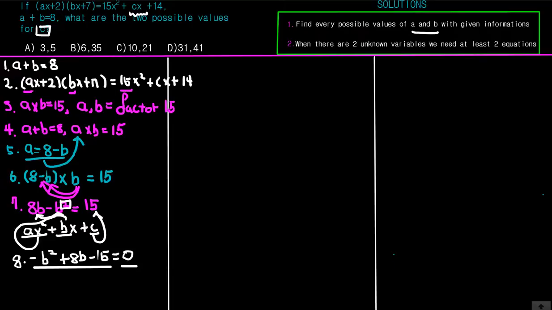Then in step 9, negative b squared divided by -1 is positive b squared. The positive 8b divided by -1 is negative 8b. Negative 15 divided by -1 is positive 15. Then that is just equal to 0.